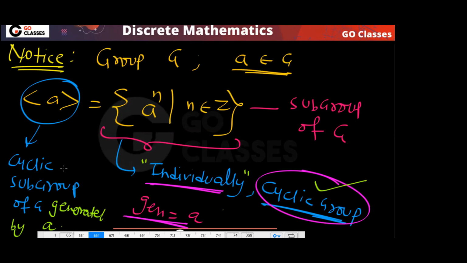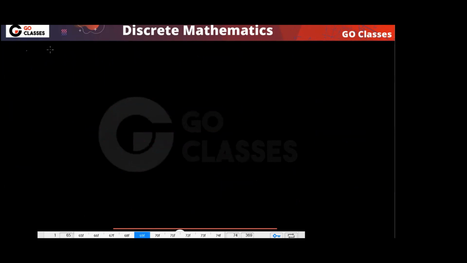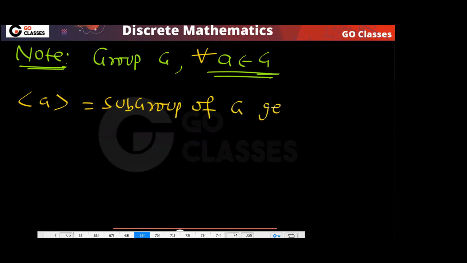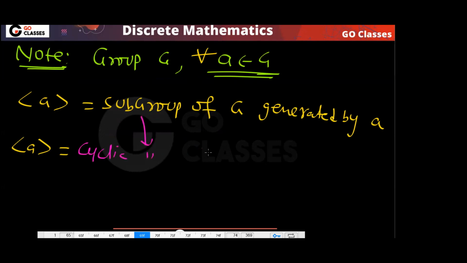So I can say this is known as the cyclic subgroup of G generated by A. These two words are the same, because for any group and any element you take, you can give this name: subgroup of G generated by A. You can also give this name: cyclic subgroup of G generated by A, because this thing is always individually cyclic.